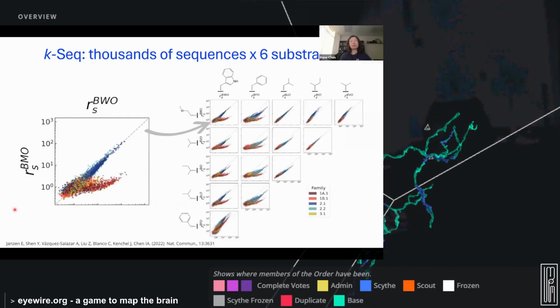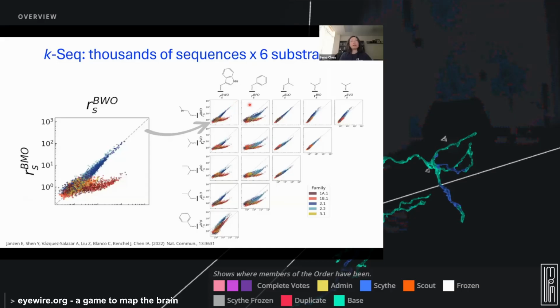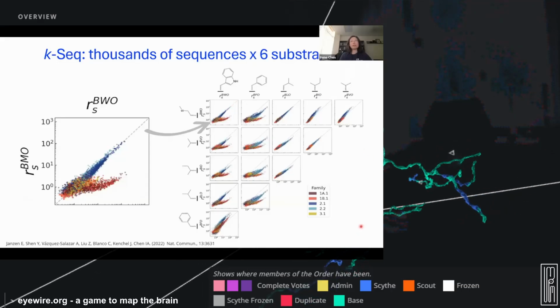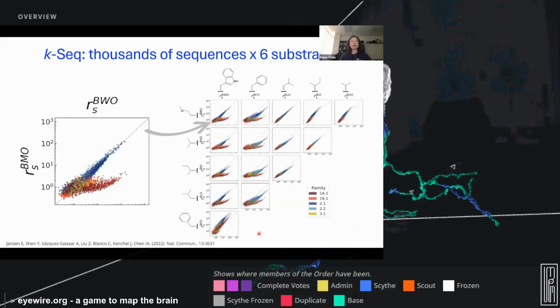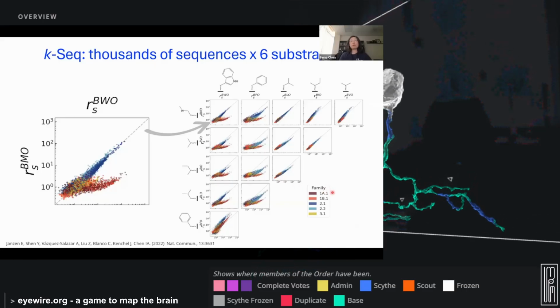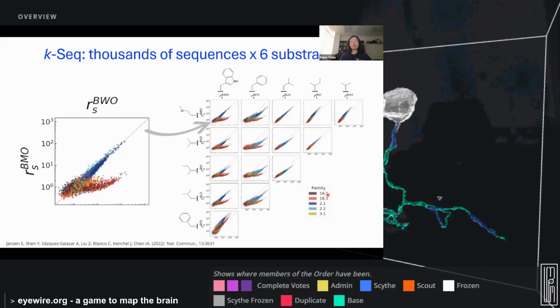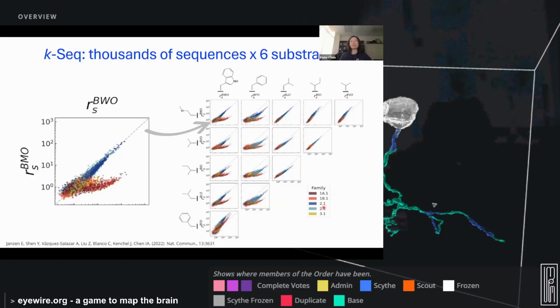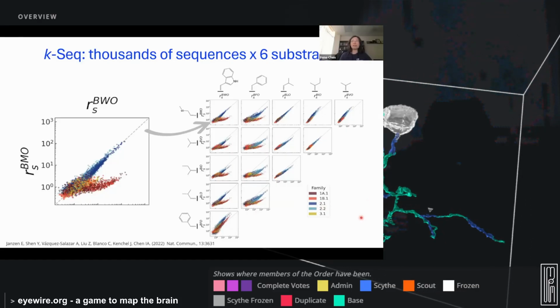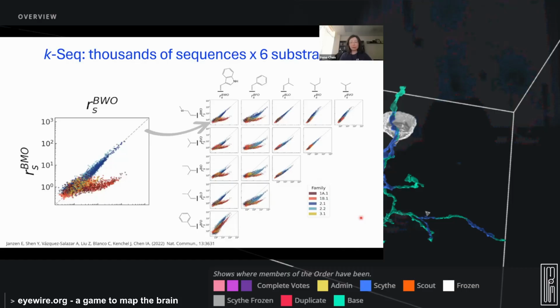And so we have this for all the different comparisons that you could make. And this also illustrates how some of these families are more promiscuous than others. So we have low activity in the family 1 zone, but higher activity in the family 2 zone across different possible substrates.